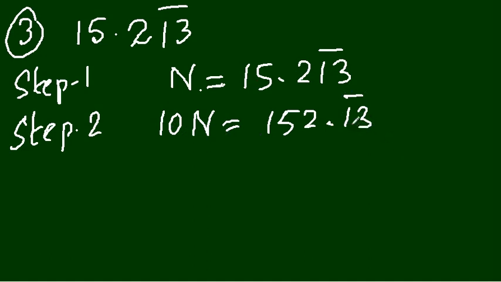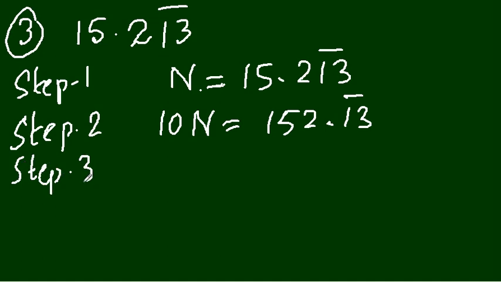So what can I do? Now I can clearly see the two digits are repeating. So I can multiply both the sides again with 100. So I'm multiplying both the sides of 10n with 100. So that becomes my step 3.